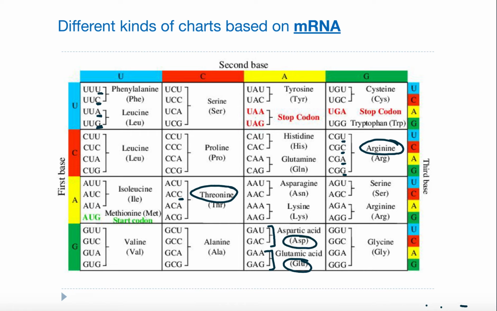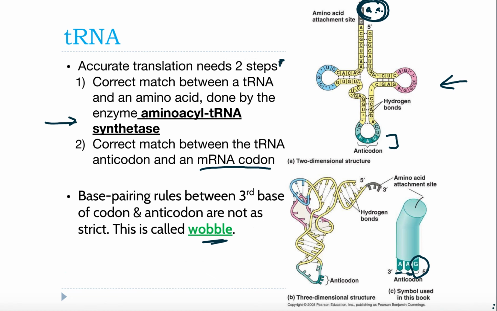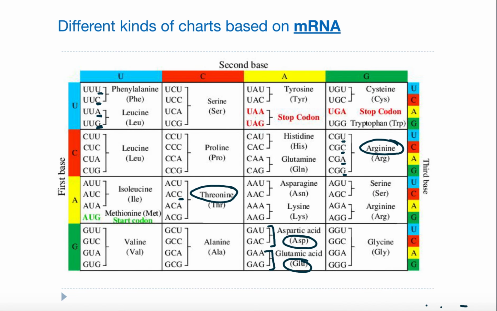So just a heads up, that last wobble, because the last letter isn't as hypercritical as the first two letters, that often determines which codons end up resulting in the same amino acid.